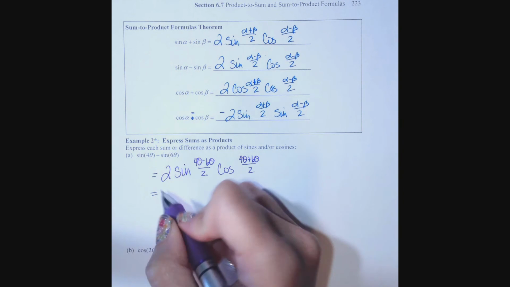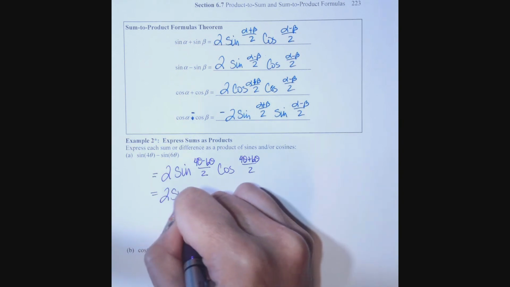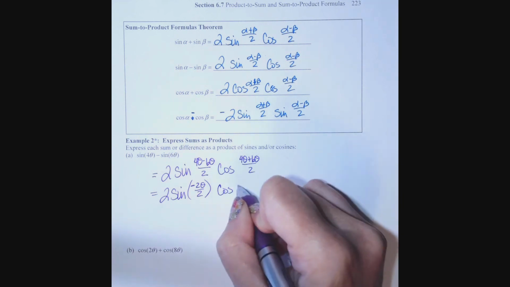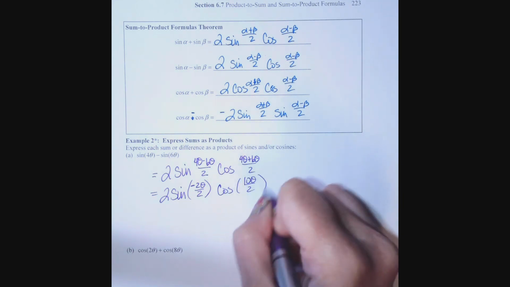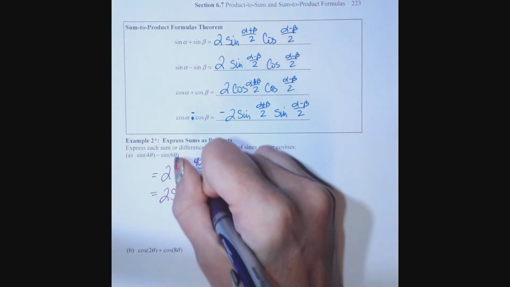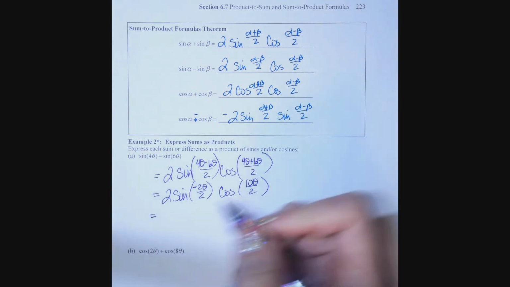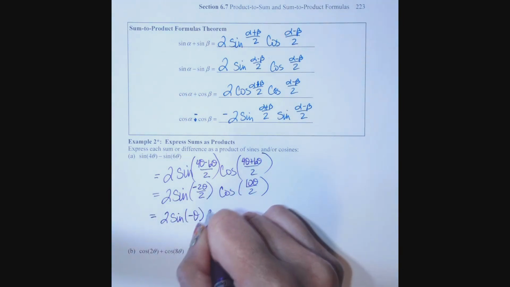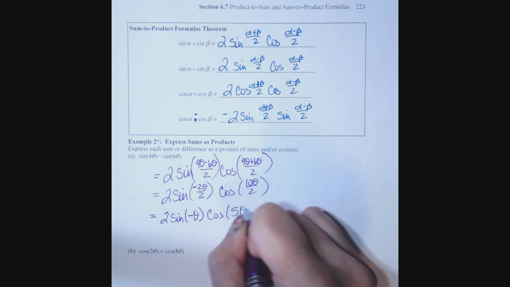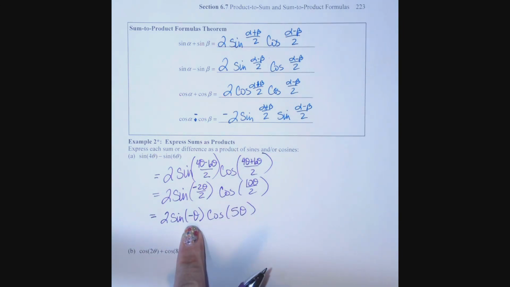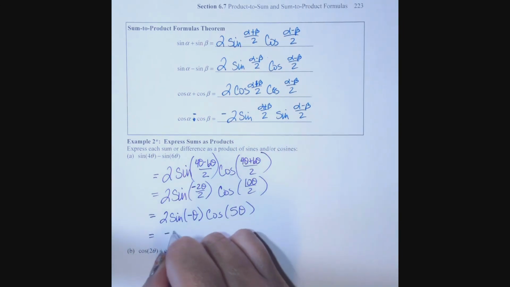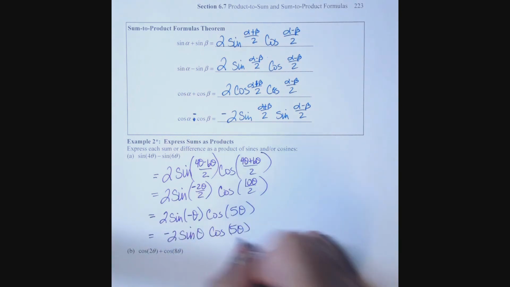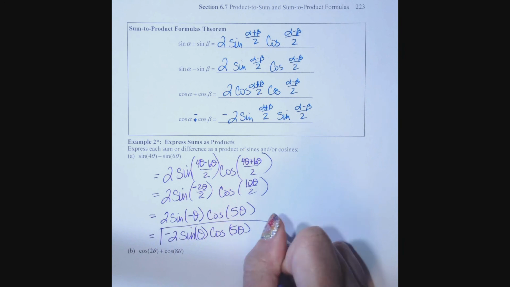When I start simplifying that, I have 2 times the sine of negative 2 theta over 2 times the cosine of 10 theta over 2, which is 2 times the sine of negative theta times the cosine of 5 theta, and sine is an odd function. So simplified all the way, I pull that negative out front.